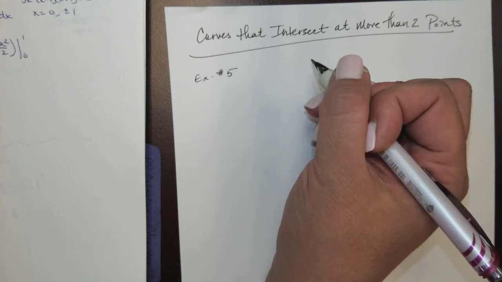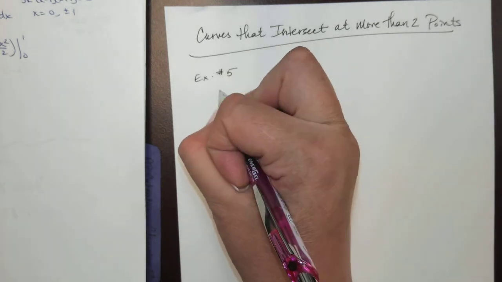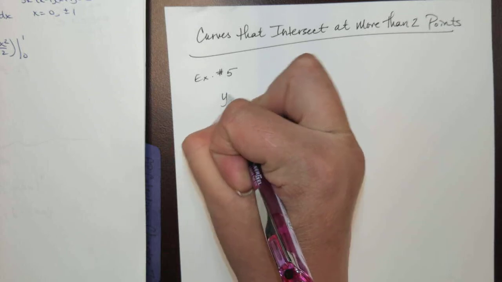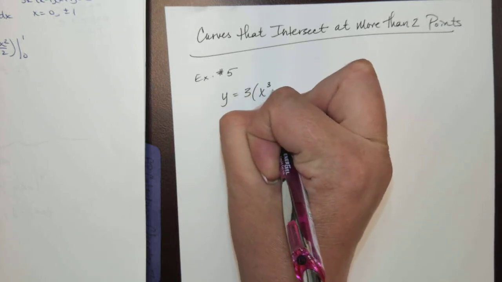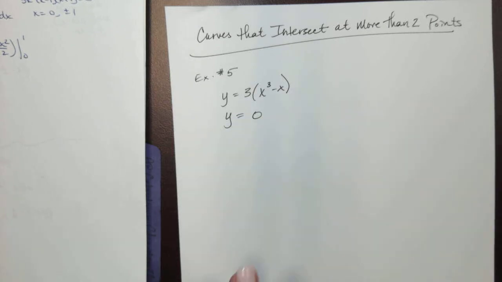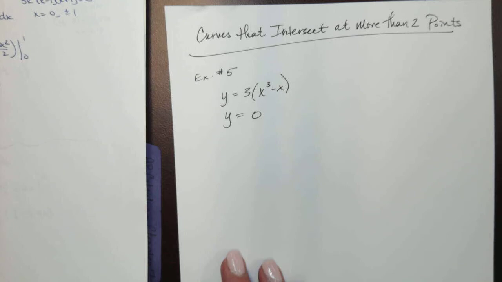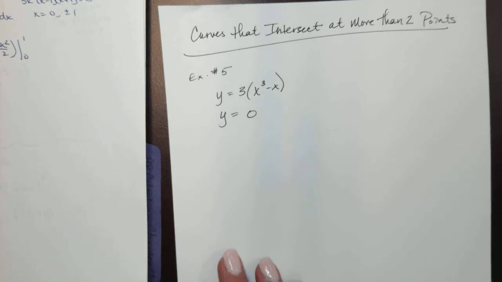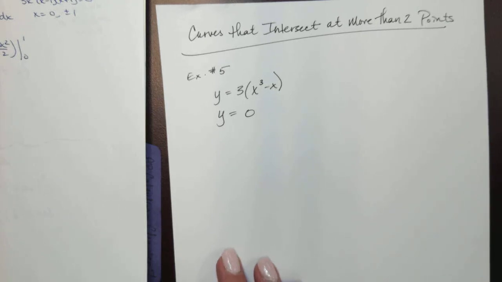Kind of, yeah. Okay, so number 5 gives us y equals 3 times x cubed minus x, and then y equals 0. I would say that x cubed minus x is a polynomial.